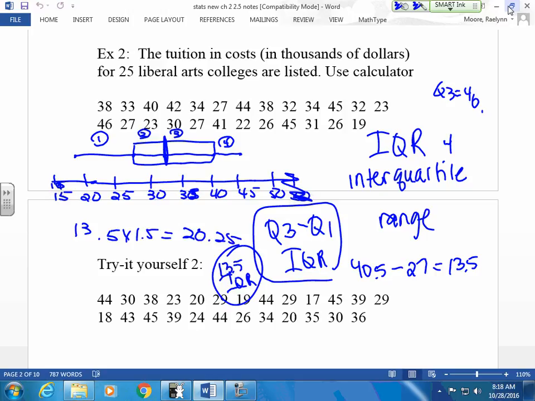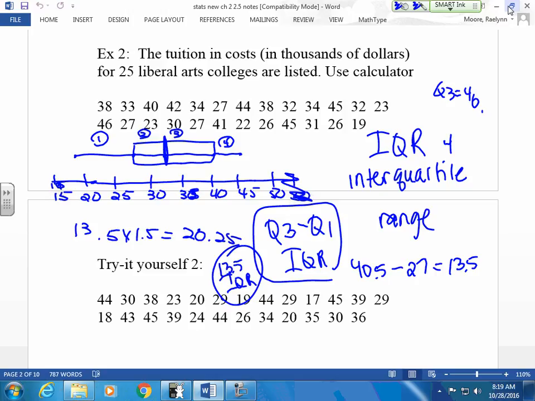So now we're going to take this and we're going to multiply this. We're going to subtract 1.5 times this value from your quartile 1, and we're going to add it to your quartile 3. I think there's a mistake there. It should say add 1.5 to quartile 3.